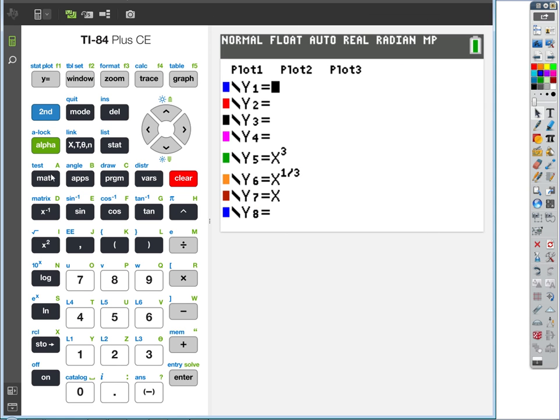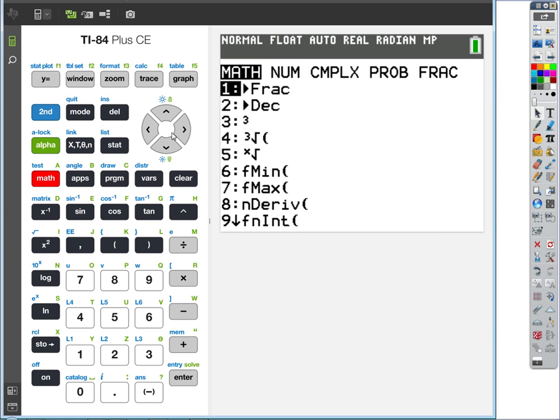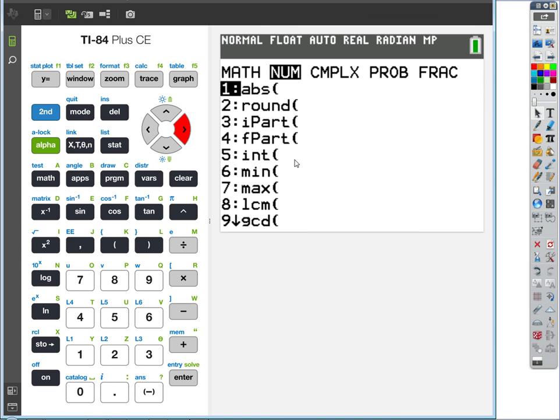So once again, math screen, and then math divides up all kinds of functions into their various categories. Math is going to be things like finding a function's minimum or maximum, or a derivative, which we haven't gotten to yet, but we will, or an integral. Number, if I scoot to the right, is things that you can just calculate for a number, like absolute value, or you could round something.